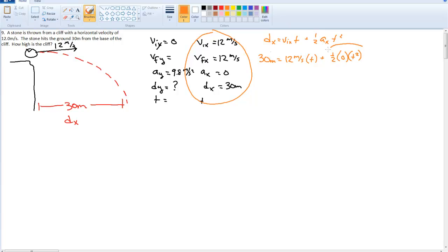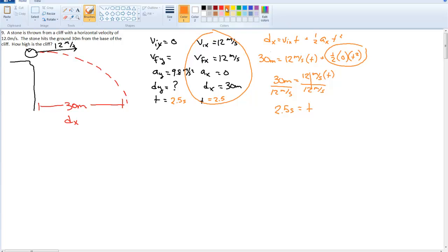Since this is 0, this whole chunk is going to drop off to 0. So I just have 30 meters is equal to 12 meters per second times t. If I want t by itself, divide each side by 12 meters per second. Cancels out. 30 divided by 12 is equivalent to 2.5 seconds is equal to time. So I found that t equals 2.5. So that means that this t is also 2.5 seconds.